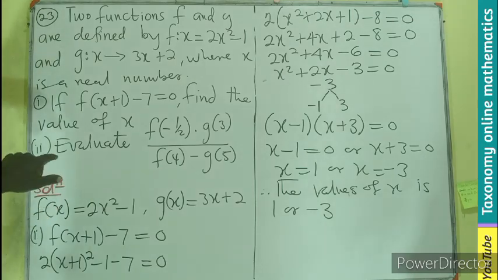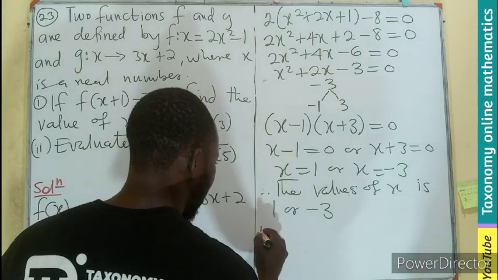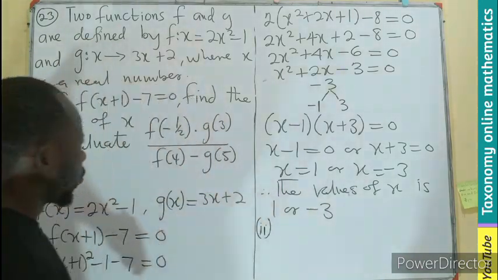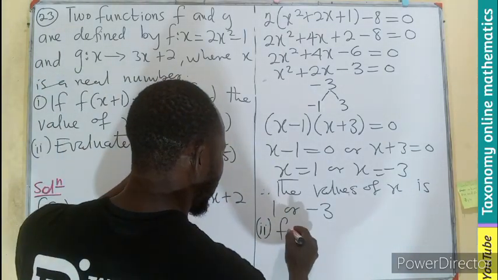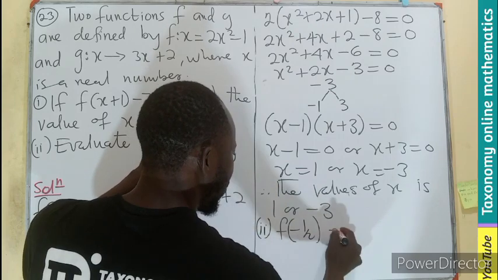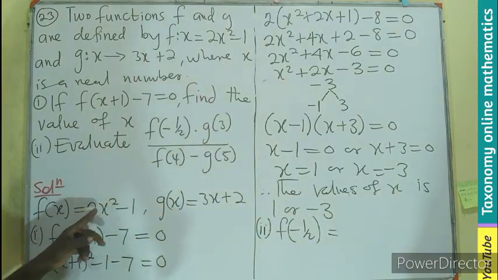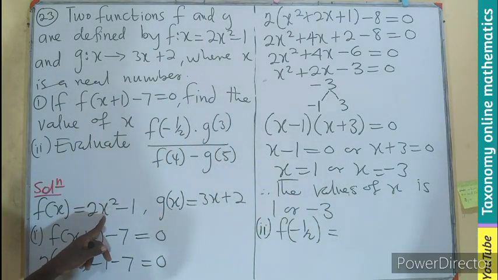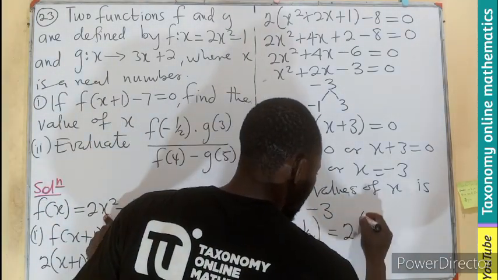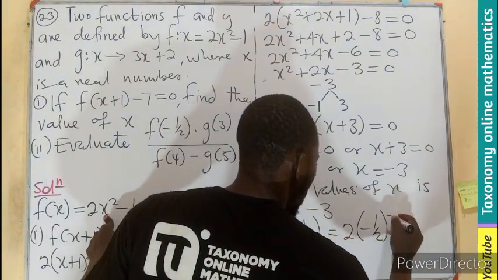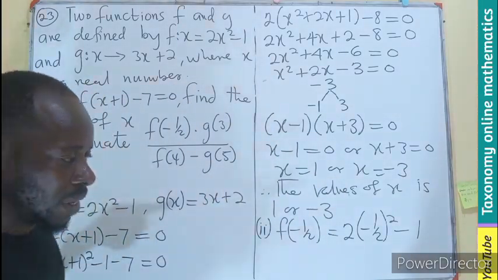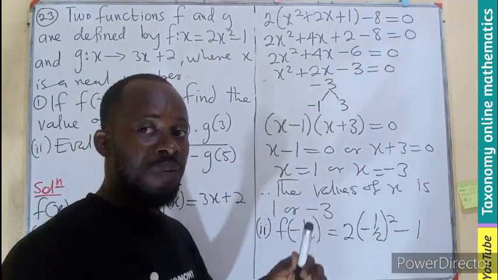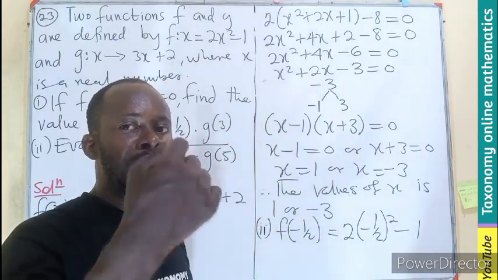All right. The next thing is to find the evaluation. So here we take it one by one. The image of negative half, meaning in the function, whenever I see x, I replace it by negative half. So 2 into bracket negative half all squared minus 1, per the function definition. The square affects the numerator and the denominator.